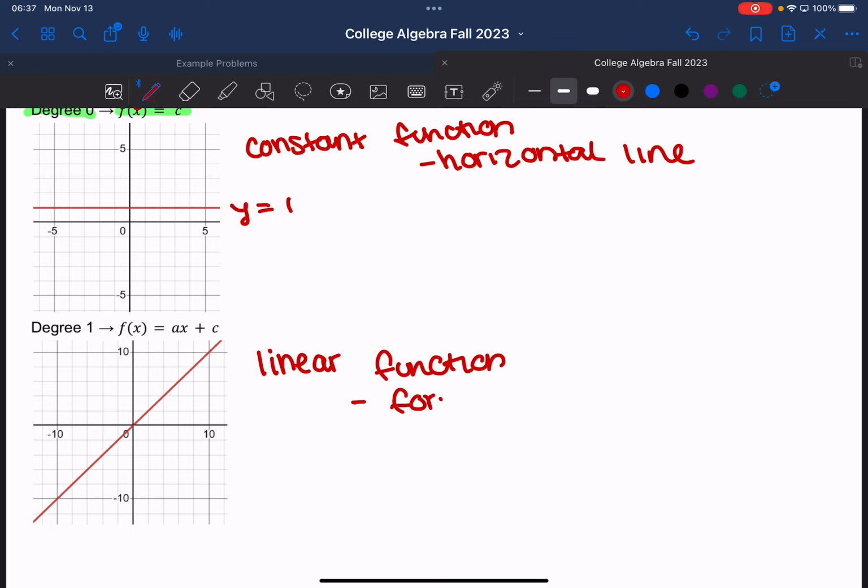I also know that this is a linear function because if I look at my equation, f of x is equal to ax plus c, what is the exponent attached to that x value? 1. So since that exponent is a 1, the degree of this function is 1. Remember, the degree is the highest exponent present. So for a linear equation, the degree is 1.